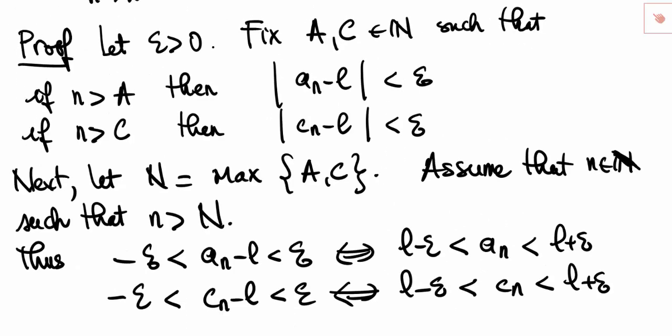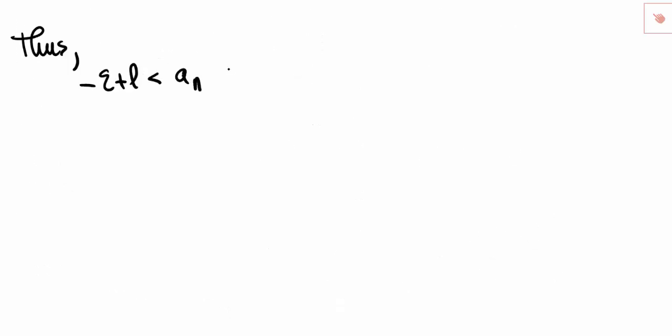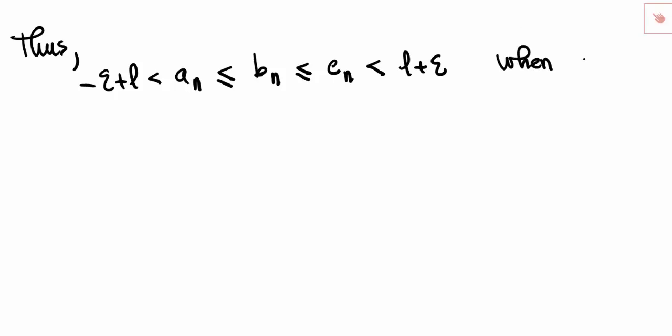So thus we have that negative epsilon plus L is less than An, and An is less or equal to Bn, which is less or equal to Cn, and we know that Cn is less than L plus epsilon when little n is bigger than capital N. Now we'll just focus on this part of the compound inequality.